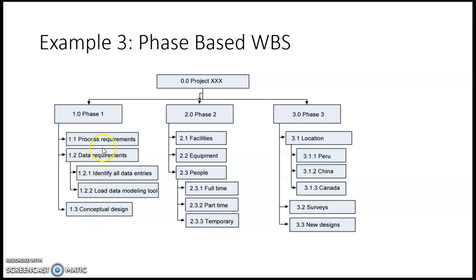They are the data requirements, the process requirements, and identifying data entries, loading the data modeling tool. And under phase 2, let's say this is the construction phase, which is 2.0, we can list down all the main tasks and the subtasks that we will be doing in order to complete the construction.